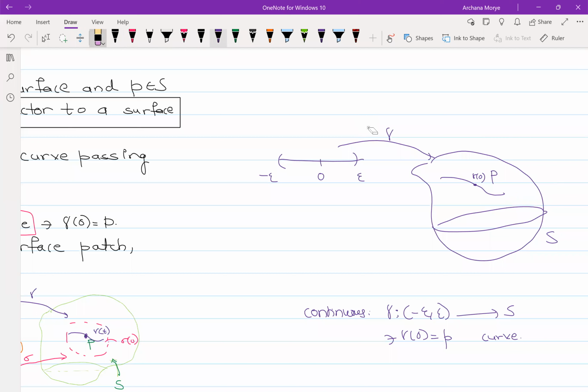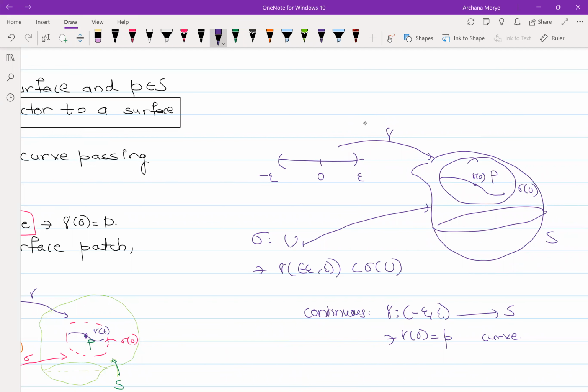Now, if I want to say smooth curve, you take a surface patch. We are talking about a curve at a point P, so we can always shrink minus epsilon to epsilon so that I can give a surface patch sigma from U to sigma of U, such that gamma of minus epsilon to epsilon lies within our surface patch.